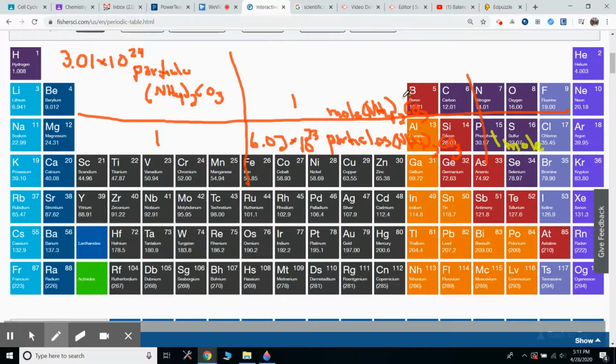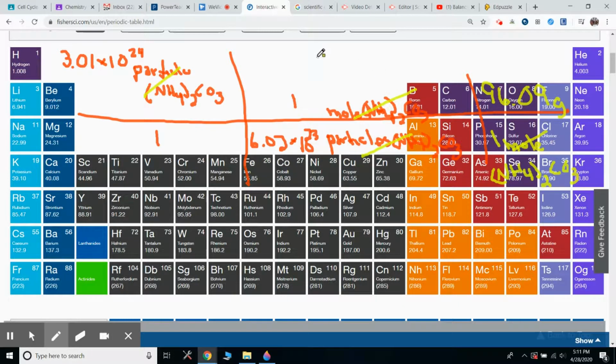So I have moles of ammonium carbonate, so I know I want moles in the denominator here, (NH4)2CO3, and I would have 96.09 grams. So you can see we went from particles, and the particles cancel out, and we went to moles, the moles cancel out, and we were left with our grams.